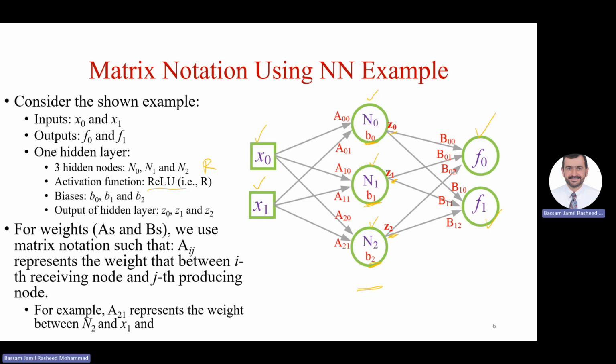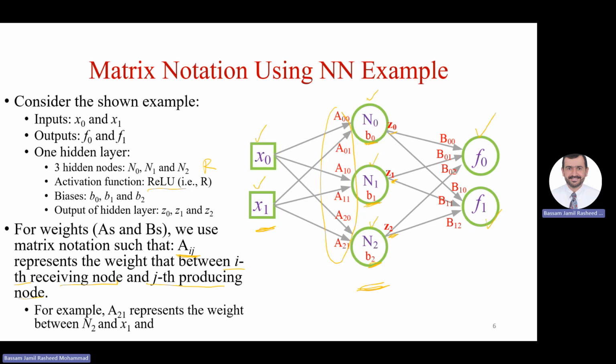Then we've got these weights, which are on the connections between the inputs and the hidden layer. Those are the A's, A00 and A01. The convention is that Aij is the weight between the ith receiving node and the jth producing node.